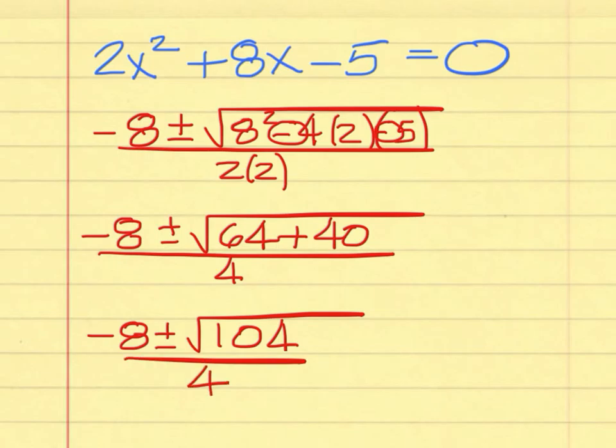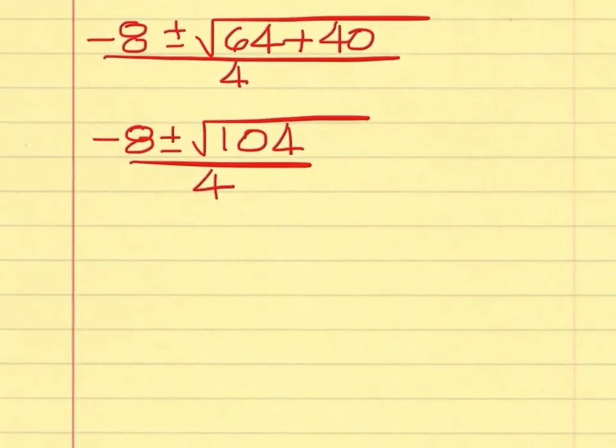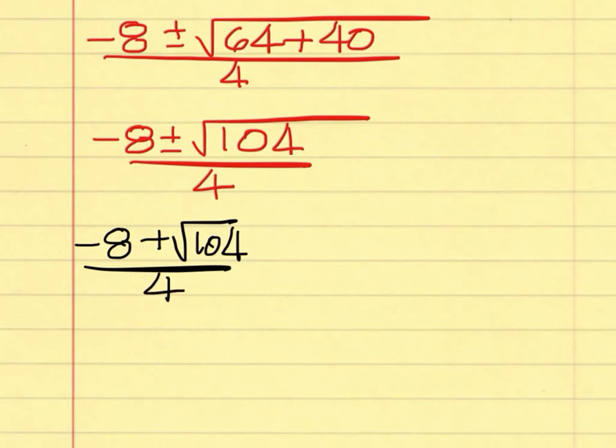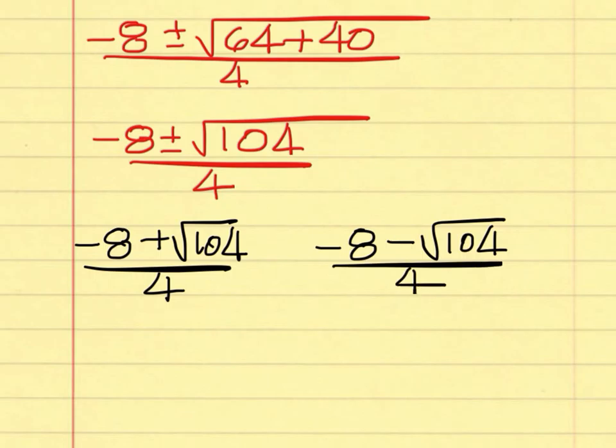And 104 is not a perfect square. But you still have to do negative 8 plus square root of 104 over 4, and negative 8 minus the square root of 104 over 4. On the left-hand side, you should type in negative 8 plus the square root of 104 and hit enter or equals and get that answer and then divide by 4.